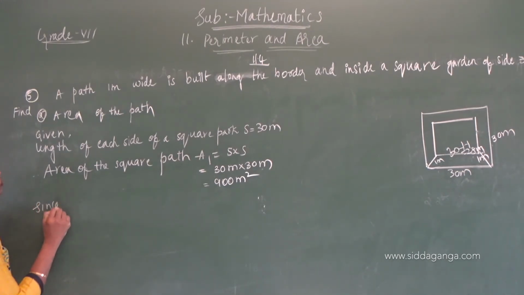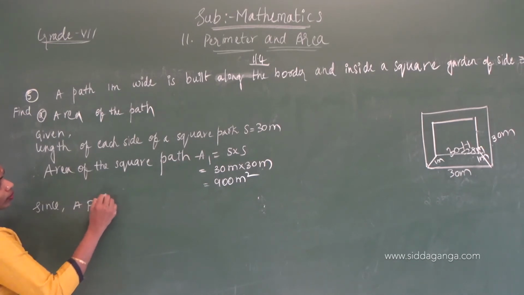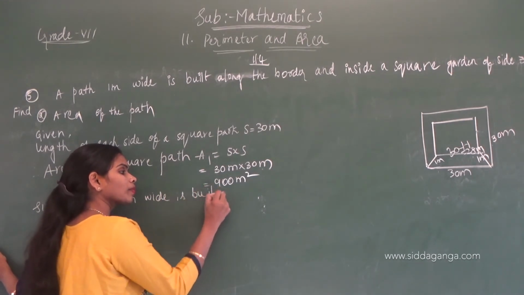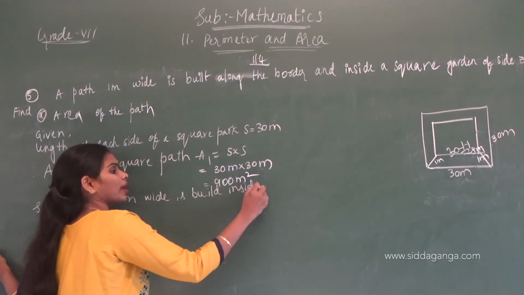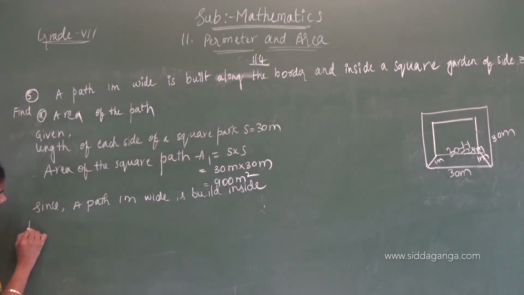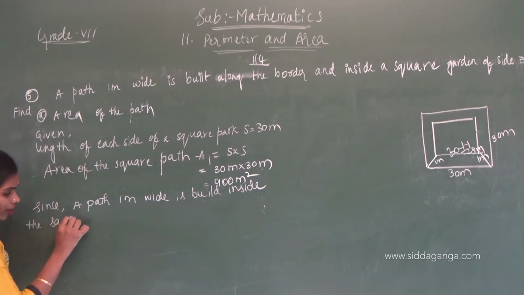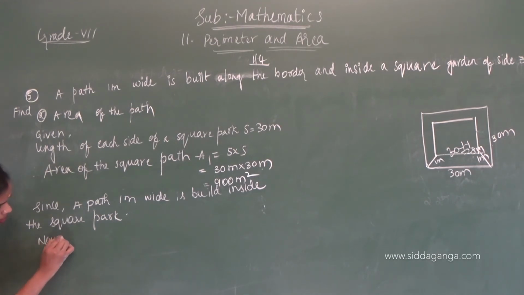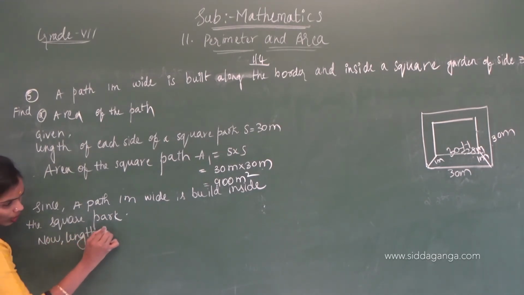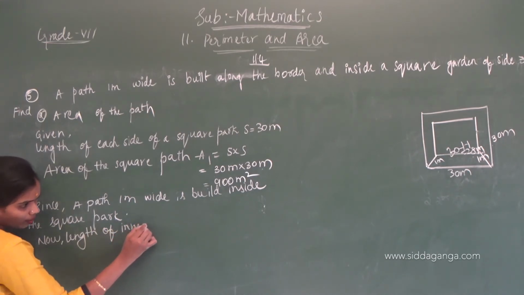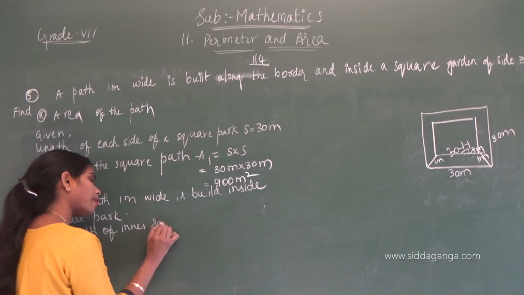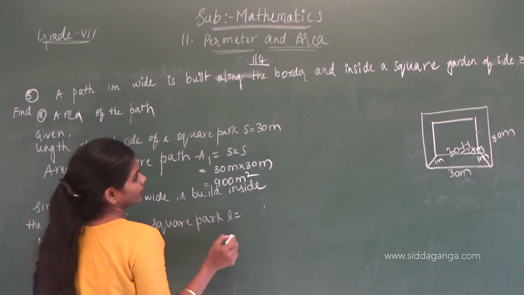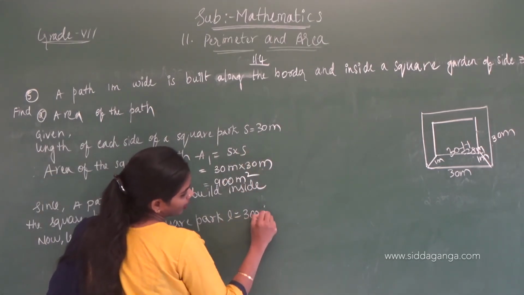Since a path 1 meter wide is built inside the square park, now the length of the inner square park, that means excluding the path, L equals 30 meters minus 1.